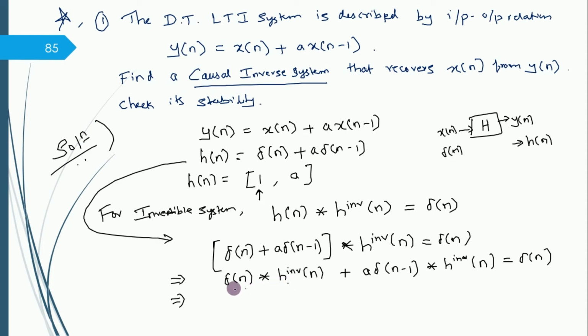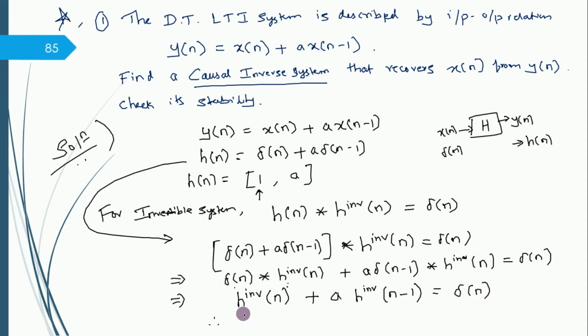Delta of n convolved with h inverse of n results in h inverse of n itself. This also we have learned in the convolution sum while studying the impulse function. Then, plus a, which is a constant, delta of n minus 1 convolved with h inverse of n exists at n equal to 1, so it gives h inverse of n minus 1. This will result in delta of n.